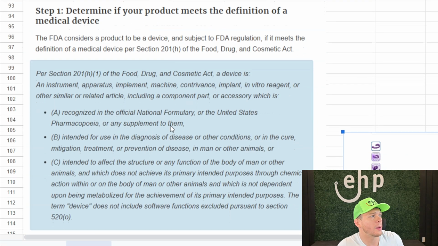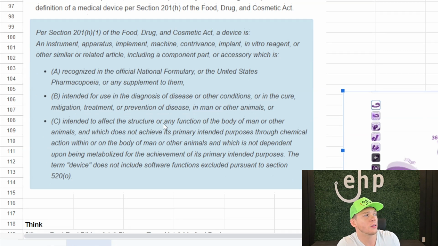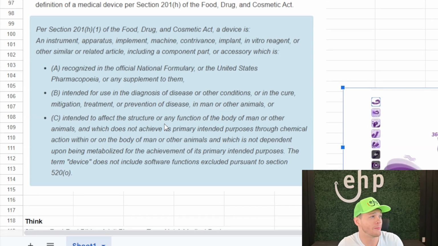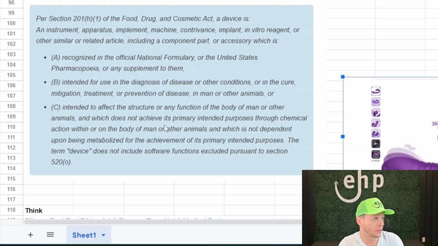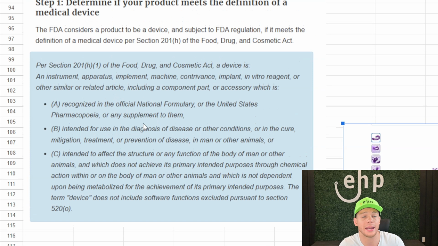That's recognized by the US pharmaceuticals, intended for use in diagnosis, cure, mitigation, treatment, prevention in man or other animals, or intended to affect the structure or any function of the body, right? So pretty much if your device solves any medical issues, pain, right? You can't hold in your pee, you keep sneezing, anything like that could be considered a medical device.